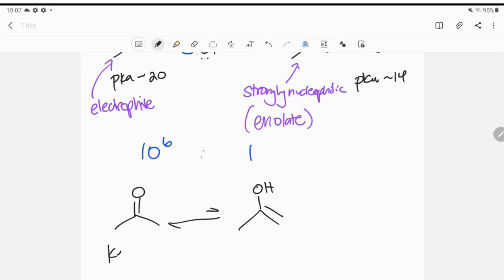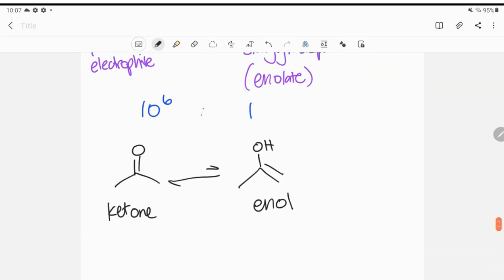This is a ketone. This is an enol. En for the alkene, ol for the alcohol. Underlined the wrong thing. That's where enol comes from.